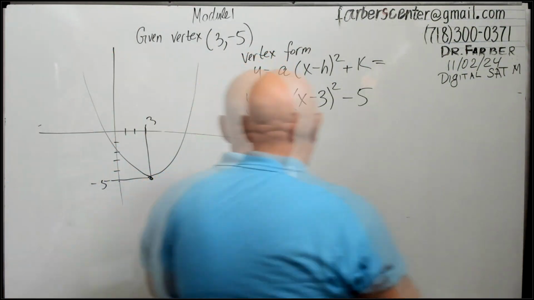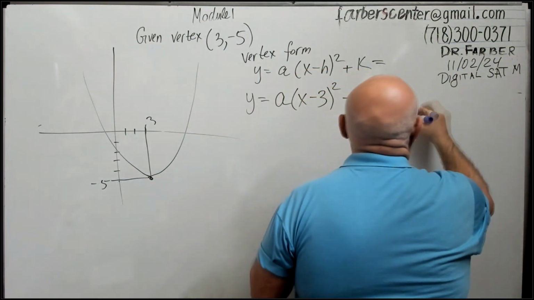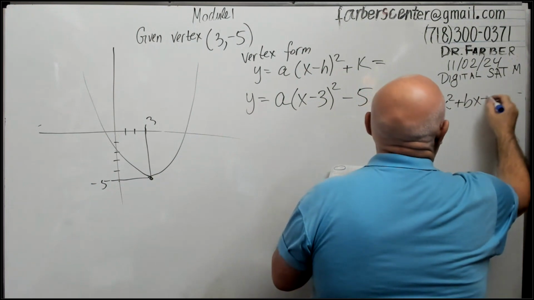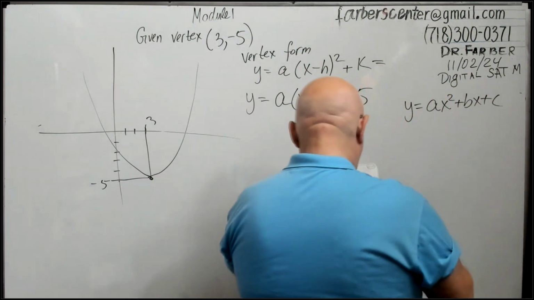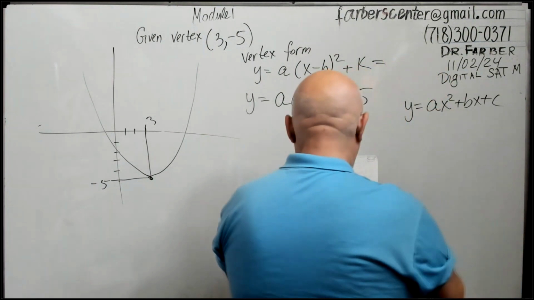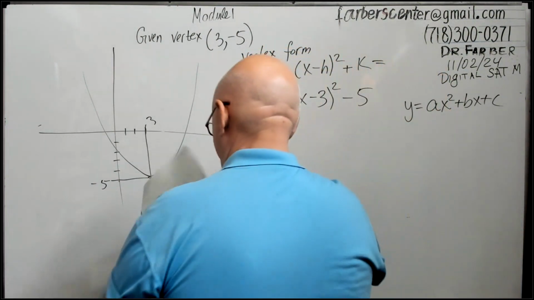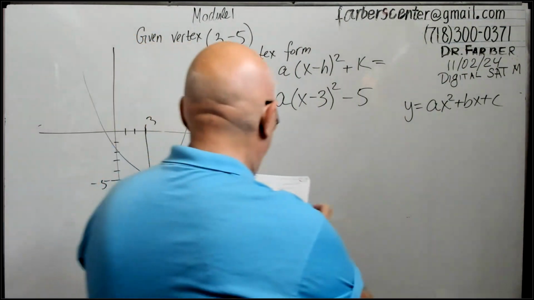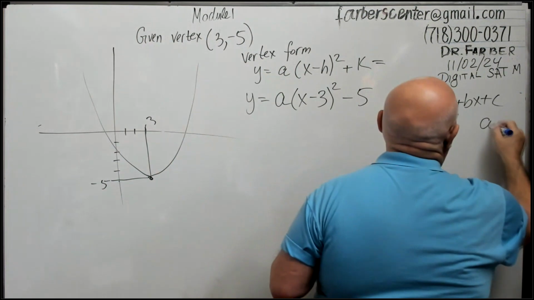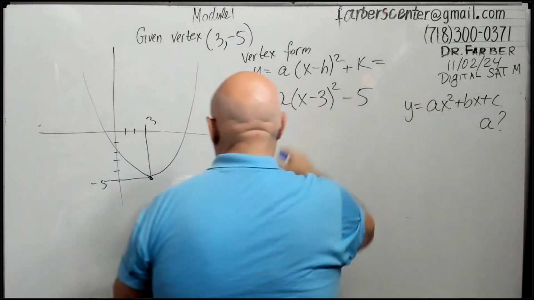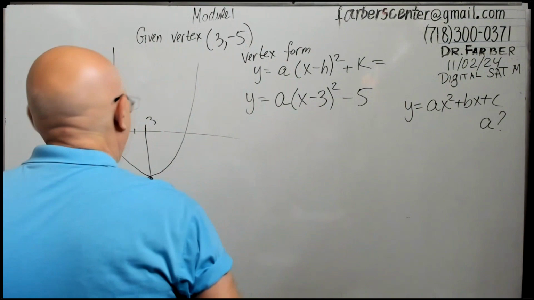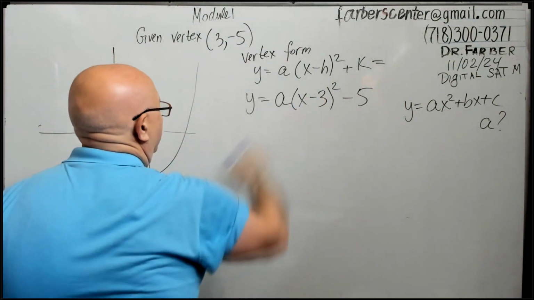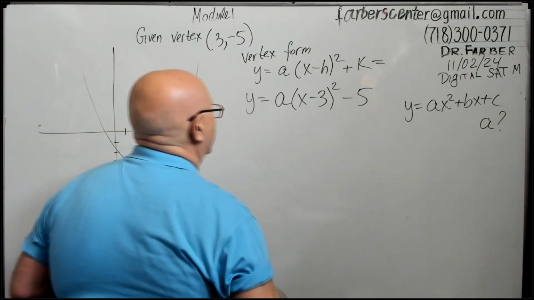They say that if you write it not in vertex form, it looks like this. And the question is find a. Find a in this case. So we have different forms. Okay, let's use the expanded form for this one. I want to make it compatible, right?